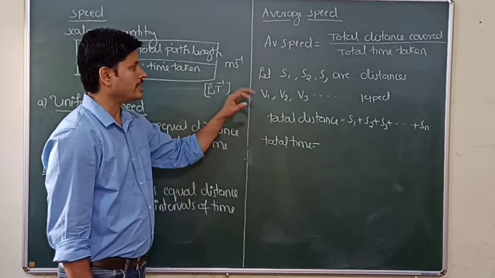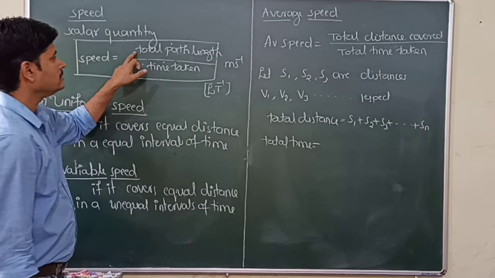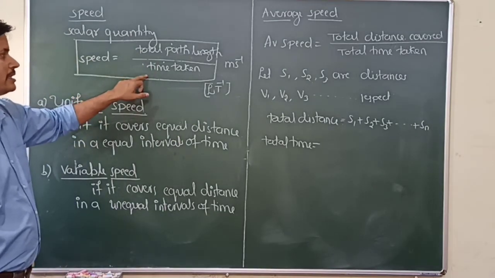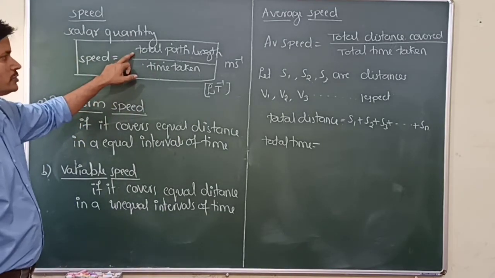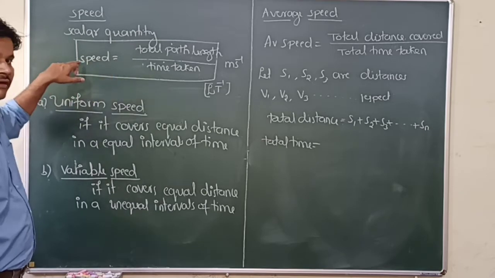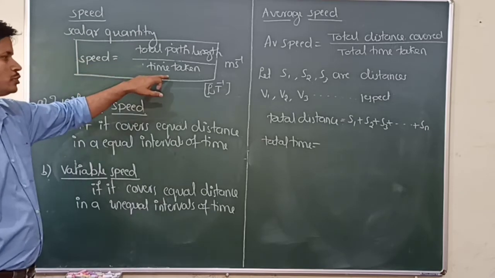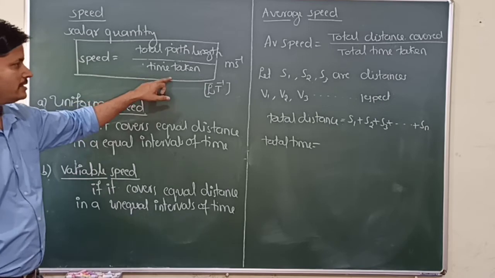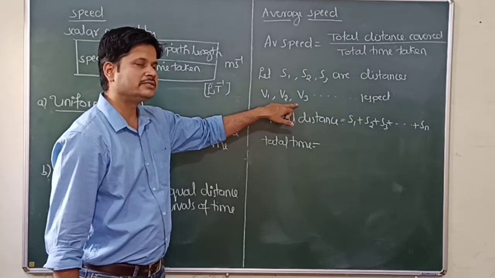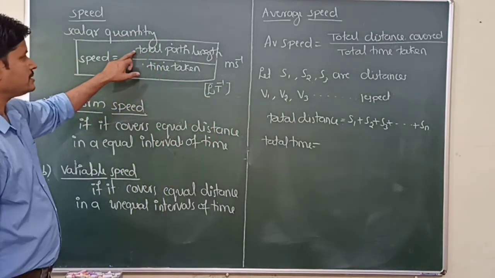Speed is nothing but path length divided by time. Time is equal to path length divided by speed, if you take the time to the left side and the speed goes to the denominator. These are representing the speeds, and this is just the path length.